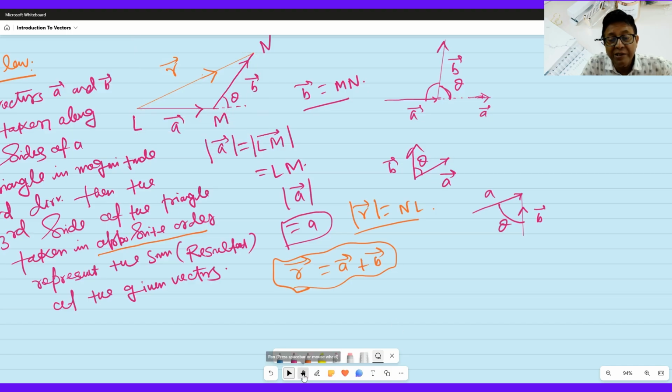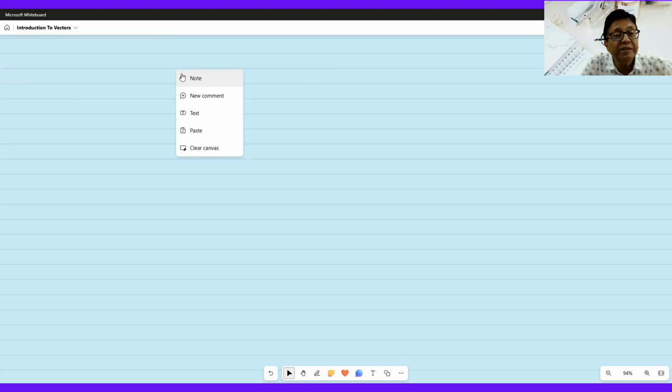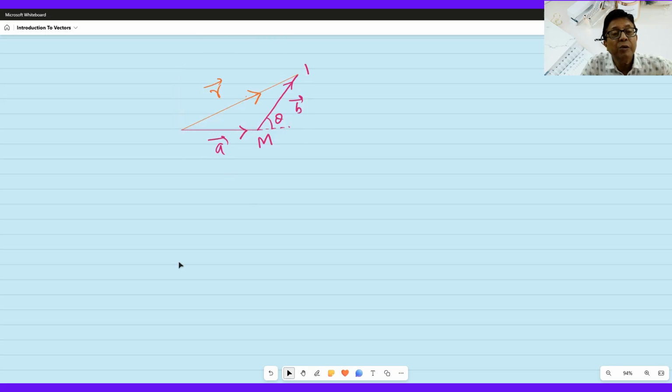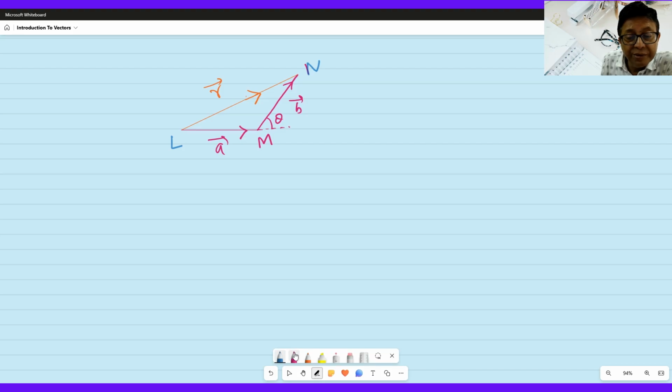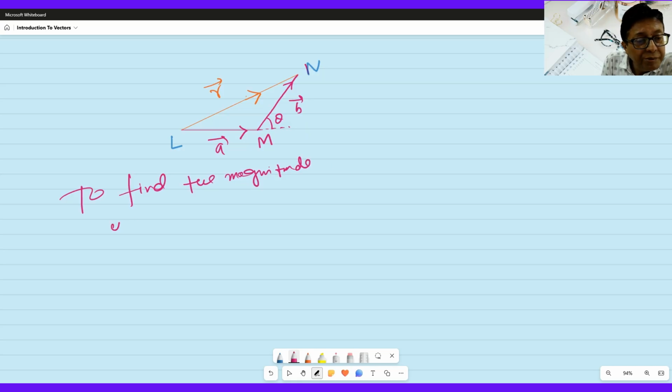I mean the length of the vector R. Okay? This is L, this is N. So we are going to calculate the magnitude and direction of R. How to find it?